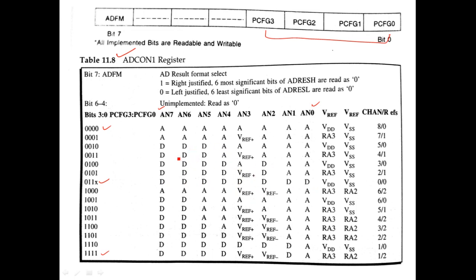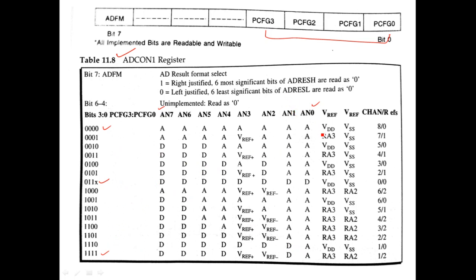You can see here, you can have only 1, 2, 3, 4, 5, 6 analog input channels. The remaining port pins can be used for digital I/O. You can have only one input channel, for example, here, and use all the remaining pins for digital I/O. So depending upon the requirement, how many analog input channels you want, you can select any one of these options out of these 16 options.